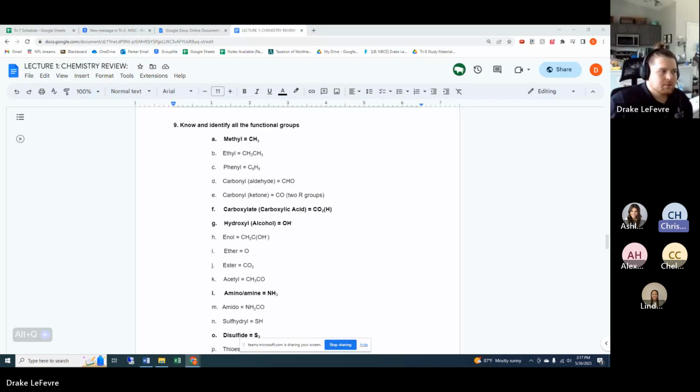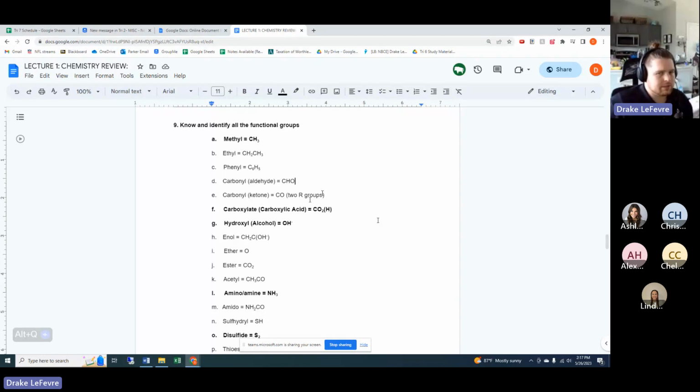They're not the L isomers, the 20 L isomers we use for amino acids, right? That's different. That's just talking about the actual amino acids themselves. An amino acid is made up of several functional groups. Every single molecule is going to have functional groups, or at least one functional group.